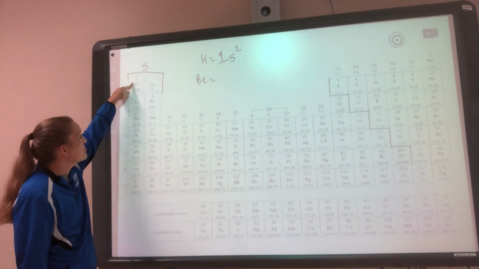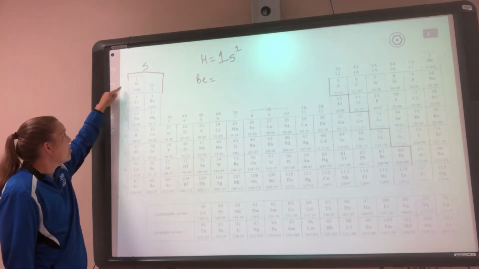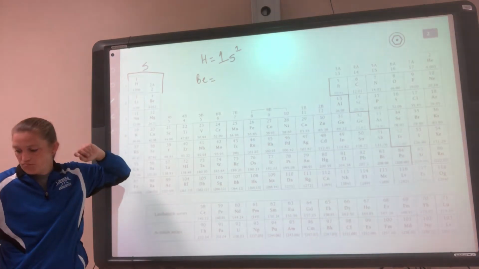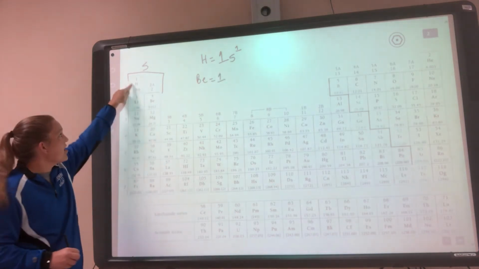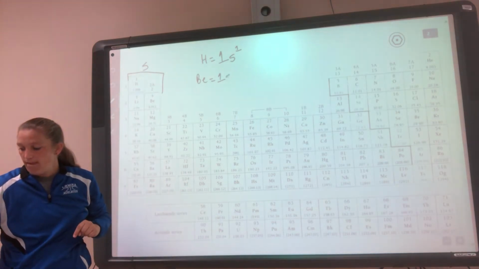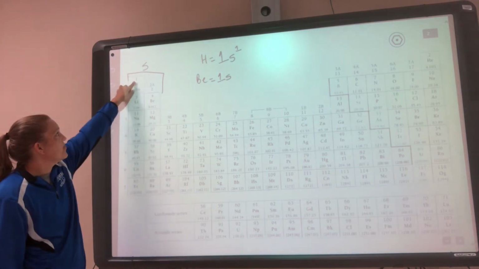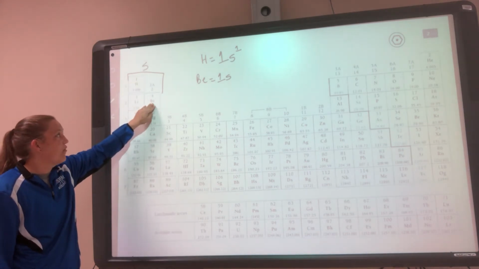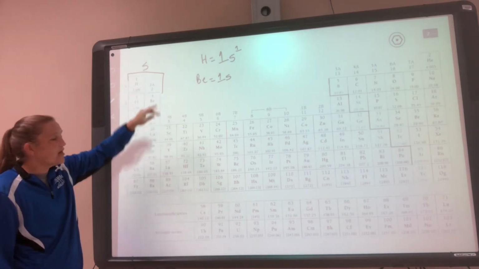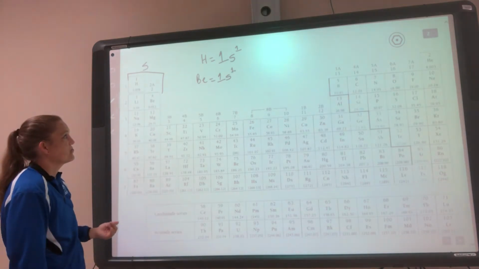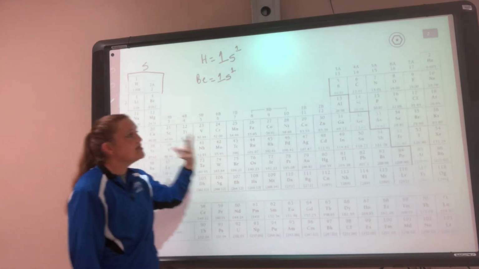So what N am I in? I'm in N equals 1. What block am I in? I'm in my S block. This 1 electron goes in there, but we know we have to get all the way to 4, so I have to go to the next one.